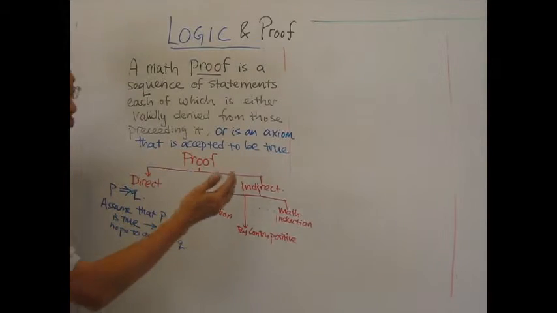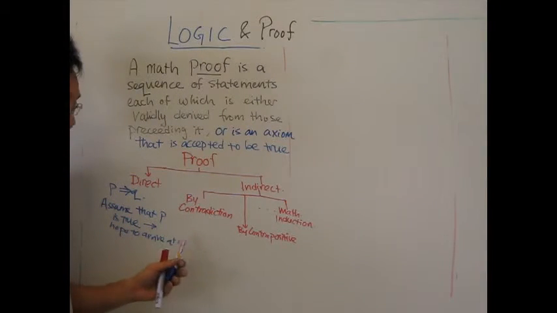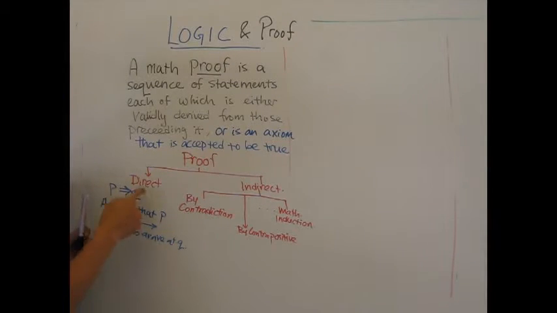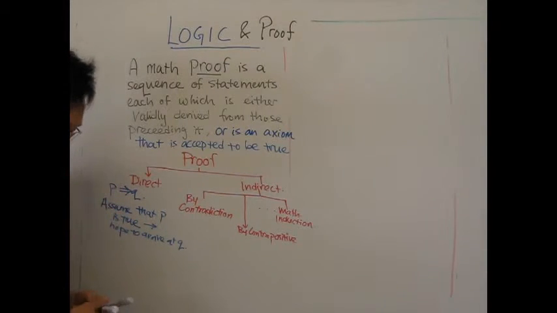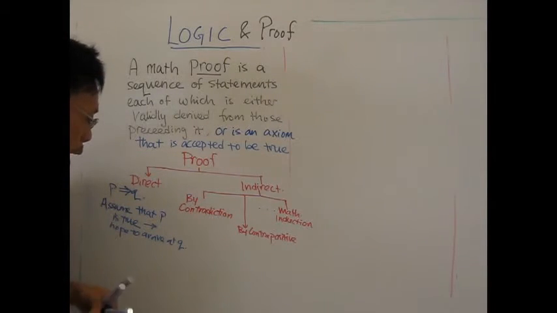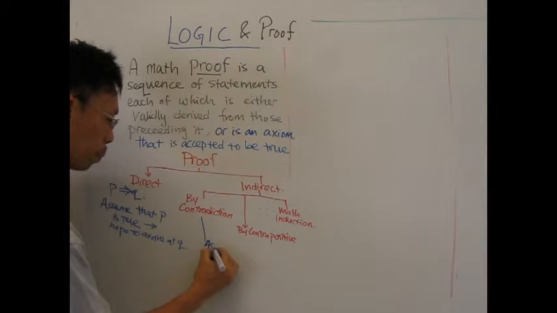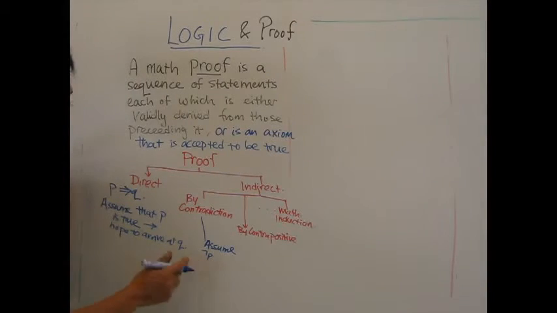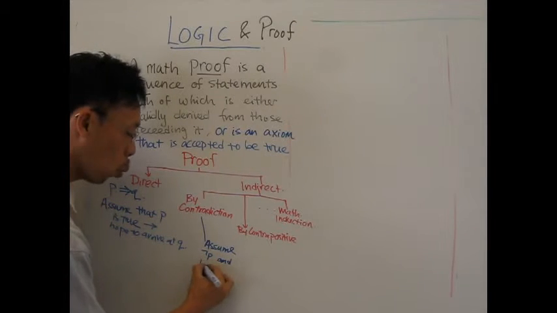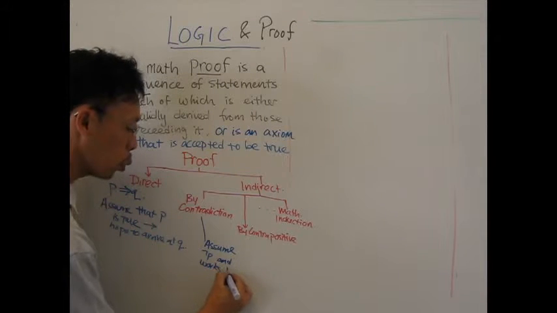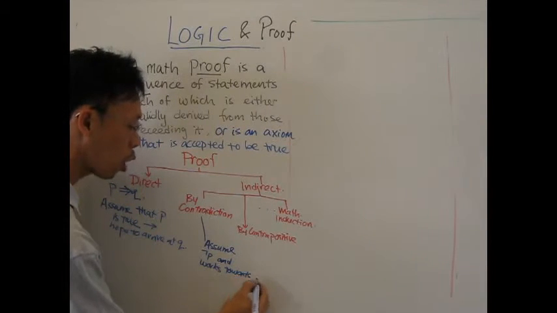Alright? And indirect proof, there are many of them. One is called proof by contradiction. By contradiction is that in order to prove P implies Q, you purposely assume that Q is incorrect. So assume, in this case, not P, and work towards a contradiction.